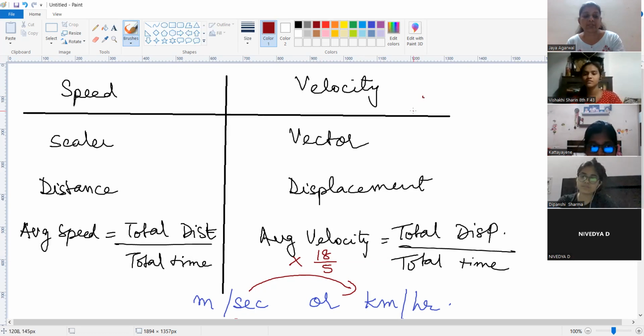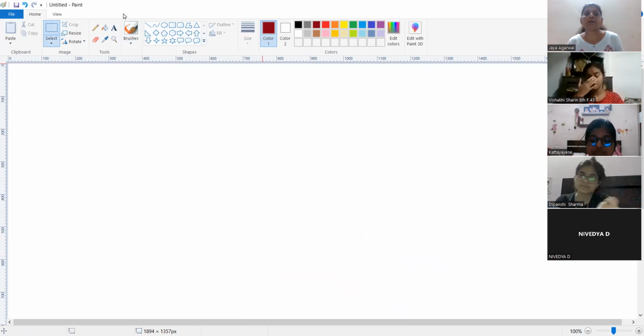Now after this, we are coming to 3 very important formulas. So far we have done 4 formulas already: speed, distance formula, displacement formula, average speed formula, average velocity formula, which you somehow remember.